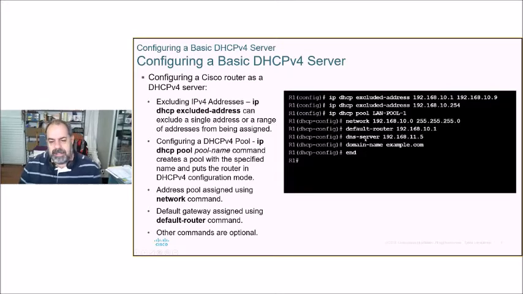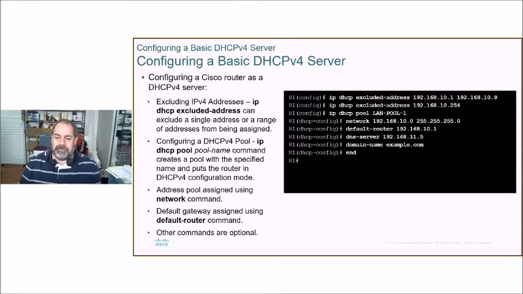We have a DNS server setting, a domain name setting, and you can put in other options as well. Pretty much any option that you can see on a Microsoft DHCP server, you can do with this, but you need to know the option number and things like that, but you can do it.